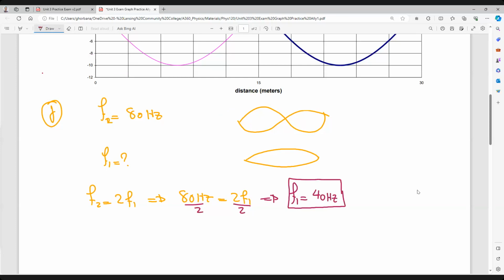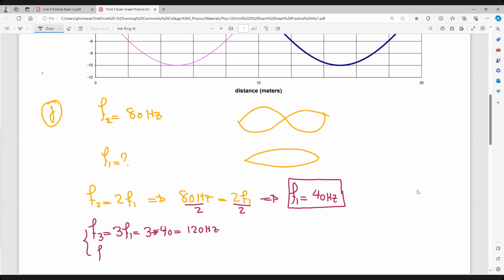This is not part of this problem, but if the question was asking you to calculate F3, the third harmonic frequency of the standing wave, what do we do? We just multiply. 3 times F1. We already have F1. It's going to be 3 times 40, which is 120 hertz.